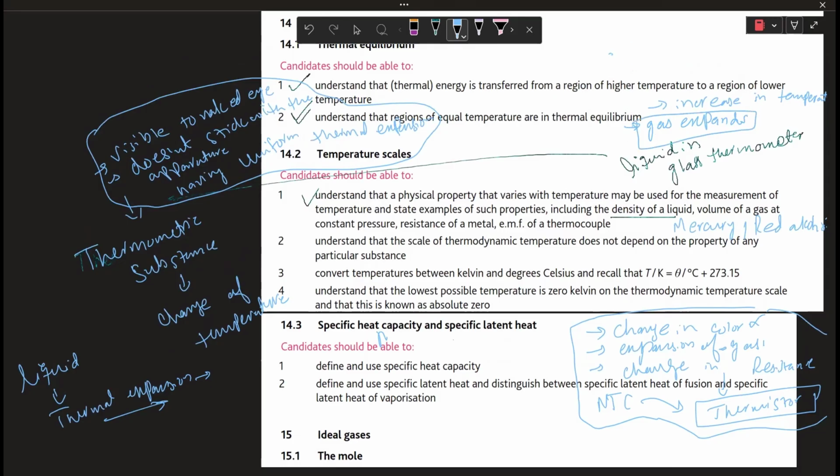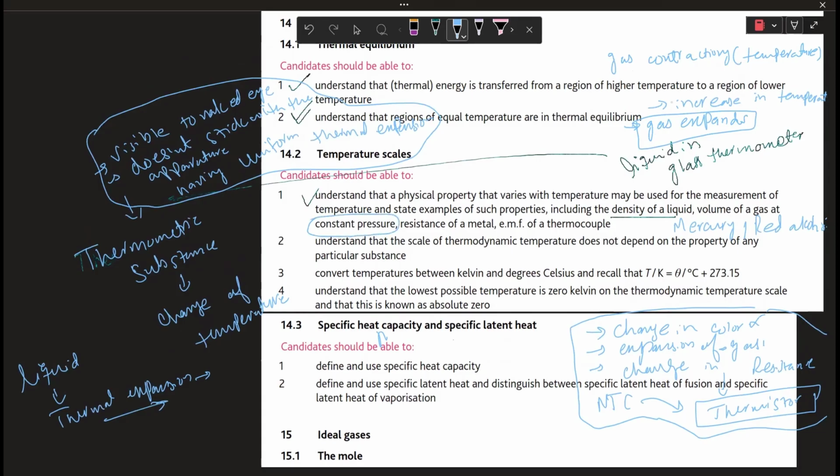If the gas is contracting, that means temperature is decreasing.